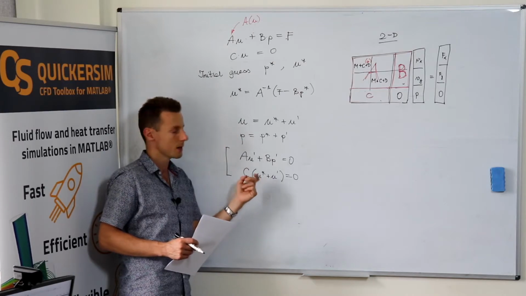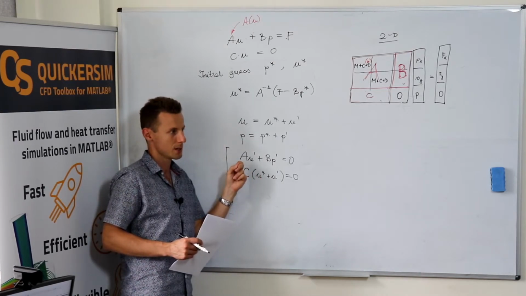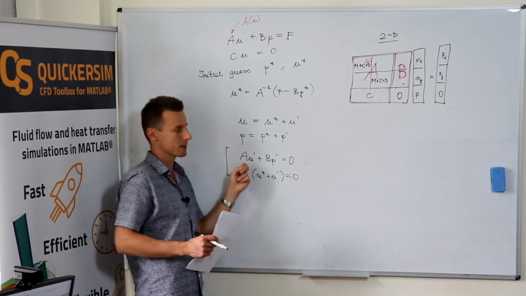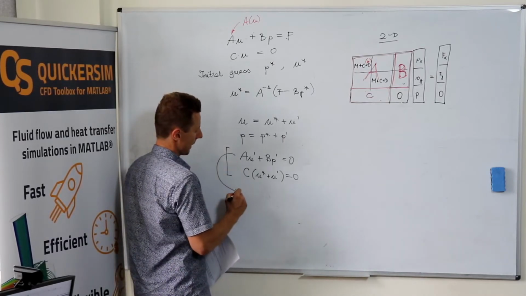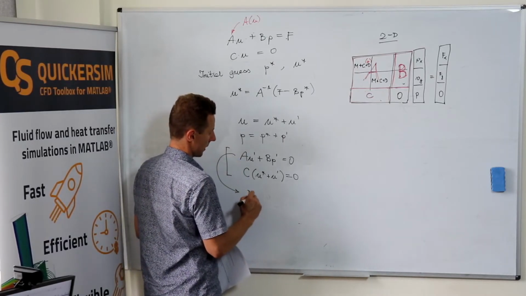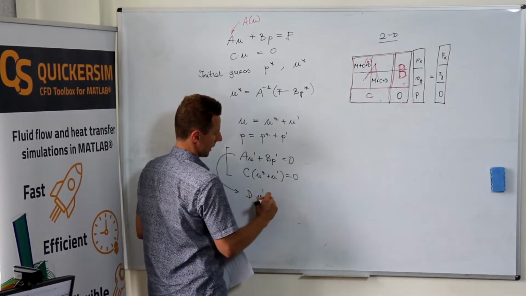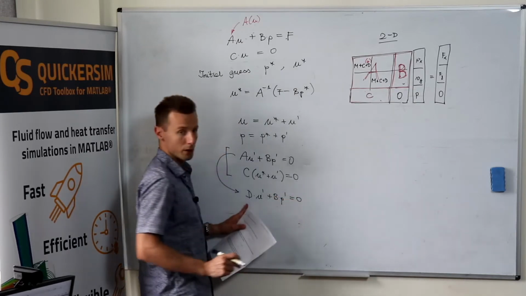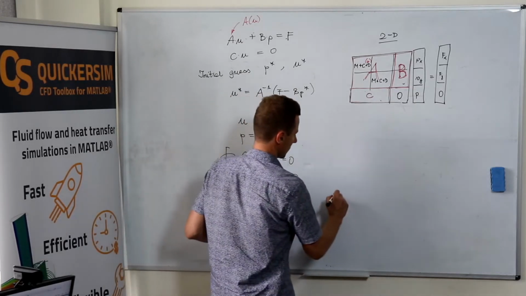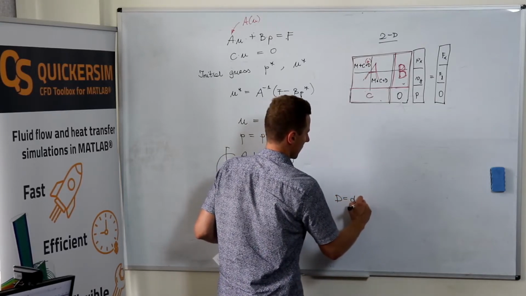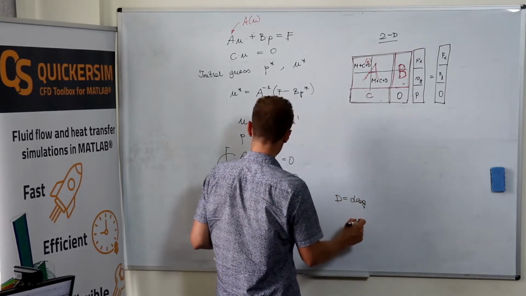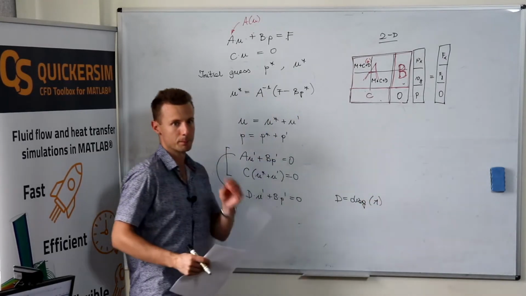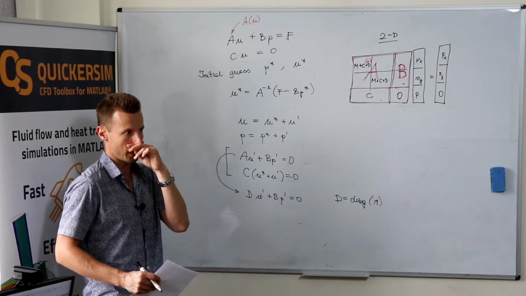So we can't afford that. So the most important approximation that the SIMPLE scheme does is it replaces this equation by D times U prime plus B times P prime equals 0, where D represents only the diagonal terms of the matrix A. Only the diagonal terms.